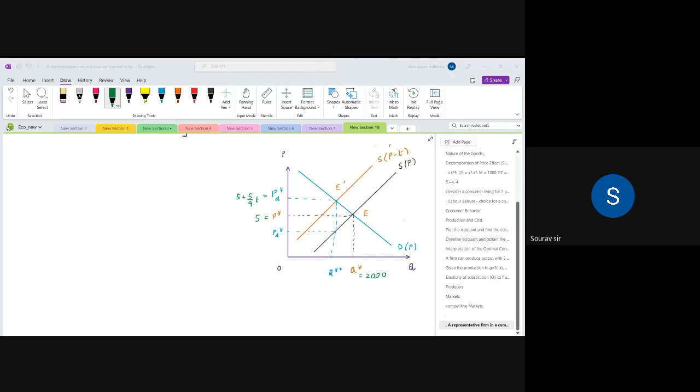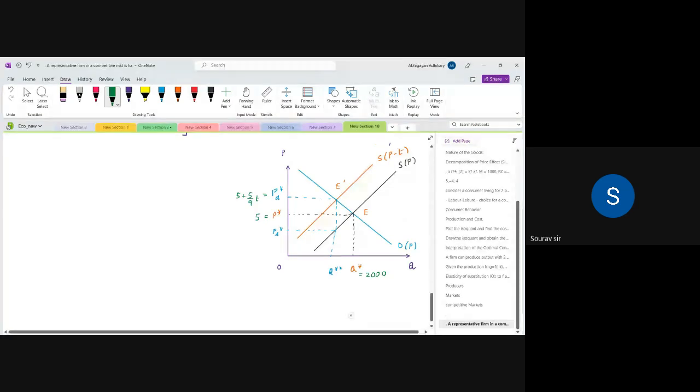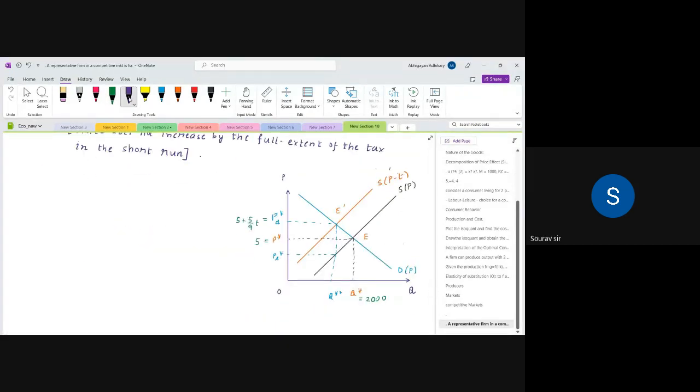Any questions up till this? Okay, perfect. So if this is clear to all of you, let me put down one more subpart over here, part 4. You want to calculate the deadweight loss due to tax.